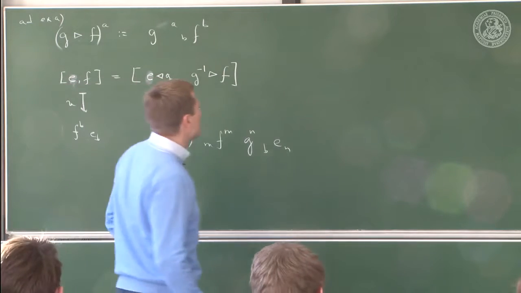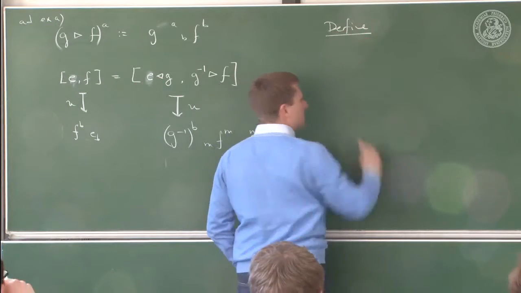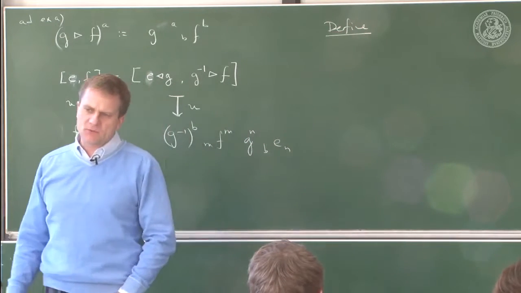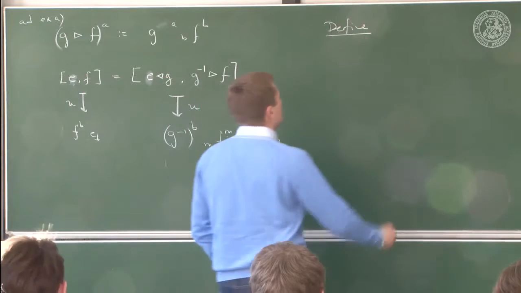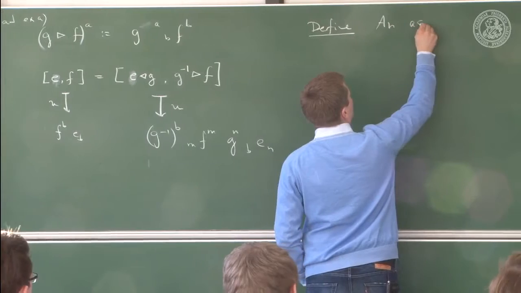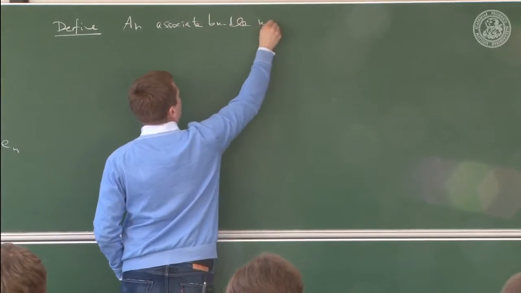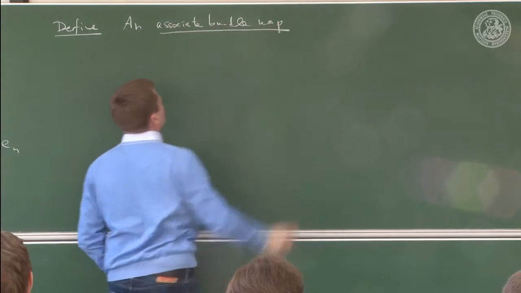So therefore, we'll now define again bundle maps, but now maps between associated bundles. And these will be called associated bundle maps, rather than just bundle maps.